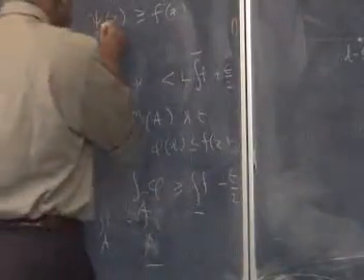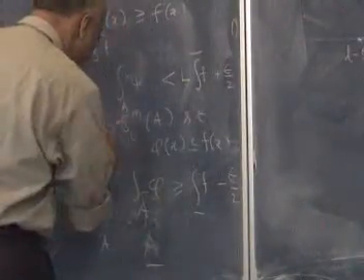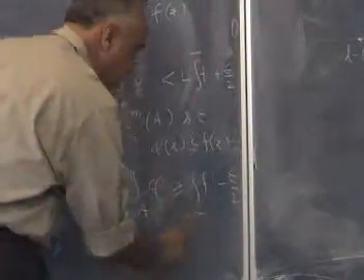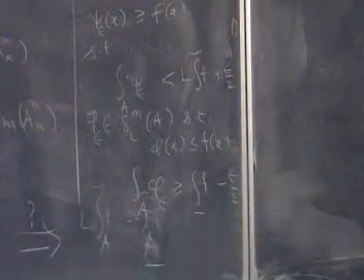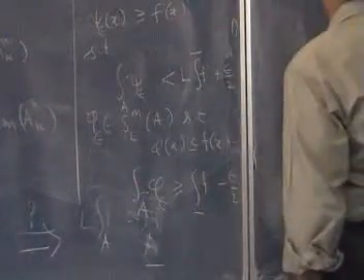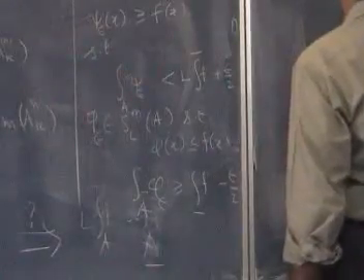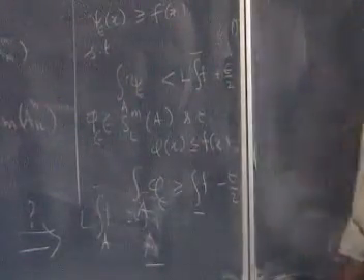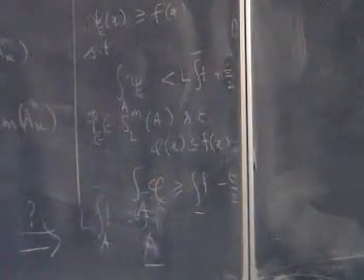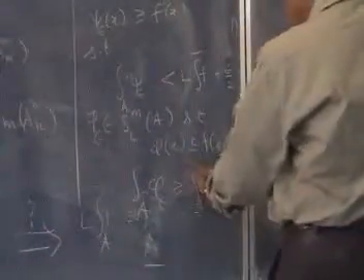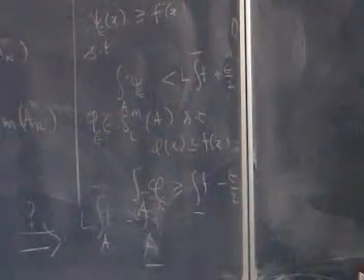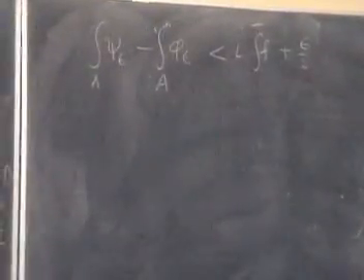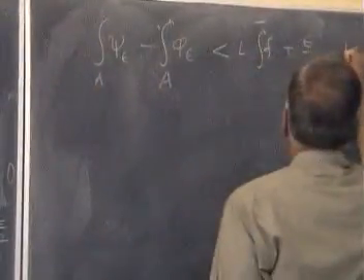I will call them psi epsilon and phi epsilon because they all depend on epsilon. So I have got this. What can you say about this? This is greater than or equal to this, therefore the minus of this will be less than or equal to this. So again, minus the lower integral L.